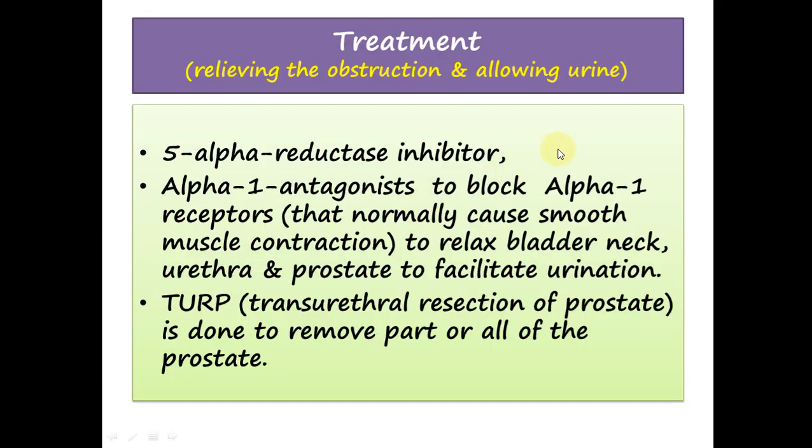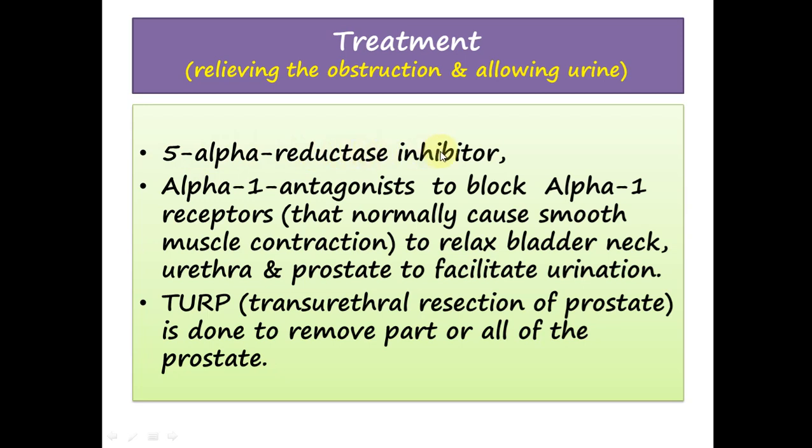Now coming to the treatment of benign prostatic hypertrophy, what we are going to do is just to relieve the obstruction and allow the urine to pass through the prostatic urethra. For this purpose, we can use 5-alpha reductase inhibitors.